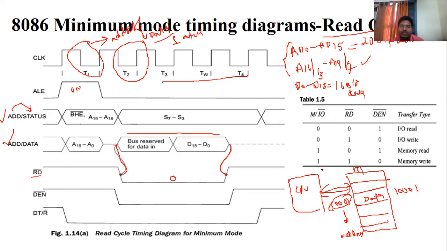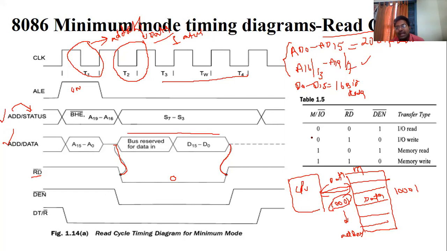Remember, at T1 the microprocessor identifies the address location of the data. Then the T2 clock period is required to convert the address lines to the data as well as to the status lines.